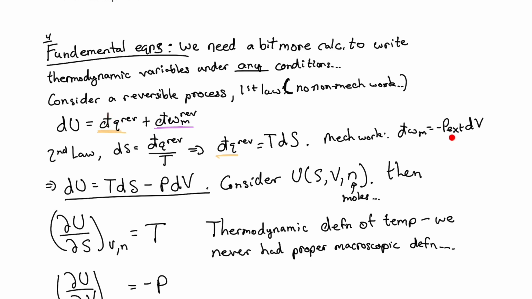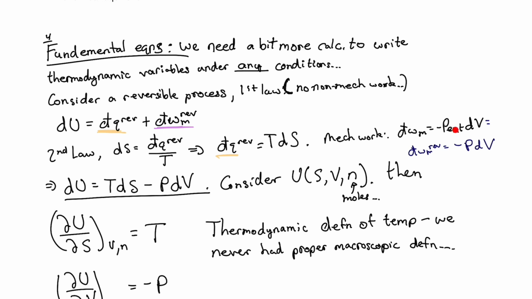And mechanical work is normally negative P external dV, but if it's reversible, we have P external equal to P, so đw mechanical reversible is going to be equal to negative P dV.